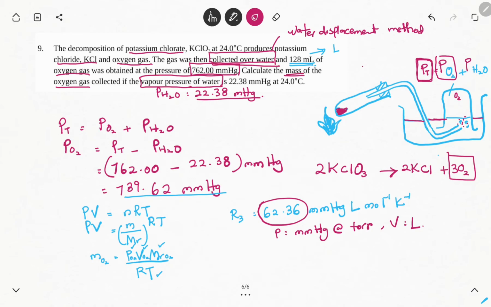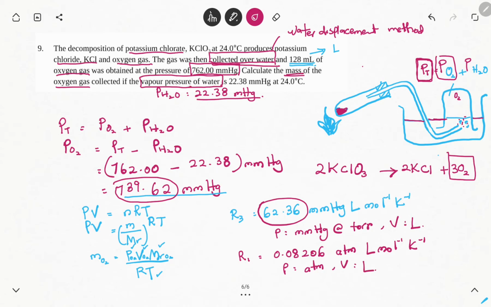You can also use the first gas constant, which is 0.08206 atm liter per mole per Kelvin, but you need to convert the pressure to atm, and the volume is still in liter.